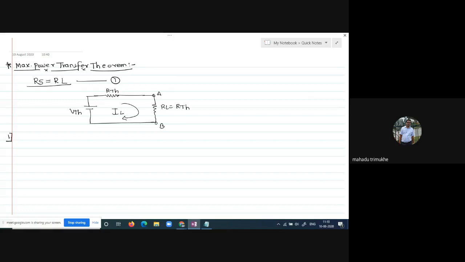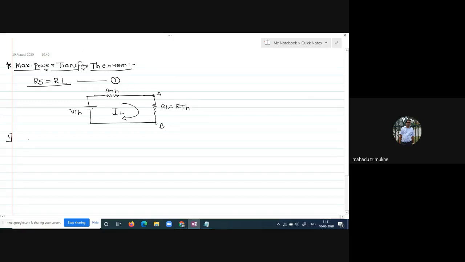Suppose you have some electrical network, and you calculate the maximum power at the load side, and you have to calculate the load resistance. If a load resistance is there in the electrical network, you have to remove that load resistance.